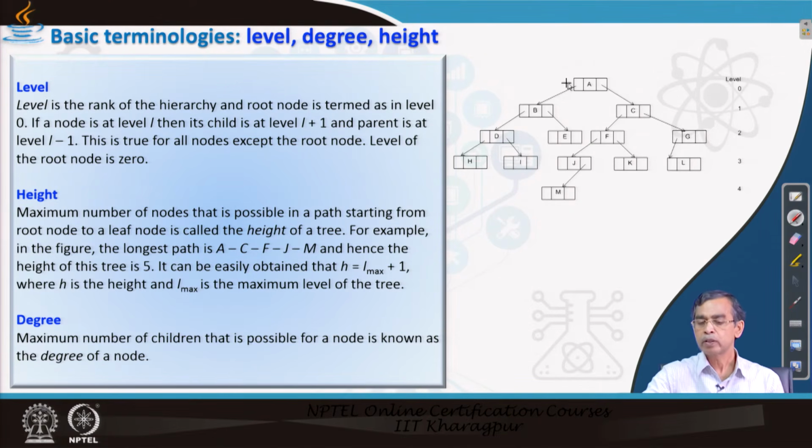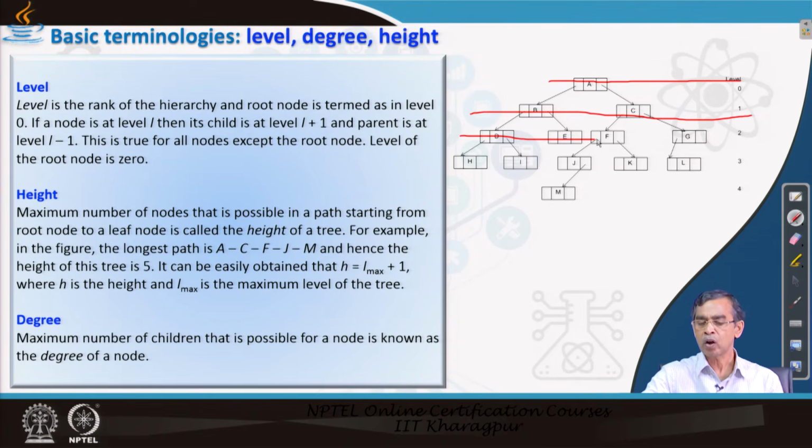So, the root node is at level 0, and then all children of the root node are at the next level, called 1. Then if a node is at level i, its children are at level i plus 1.